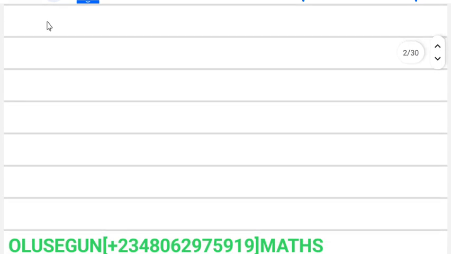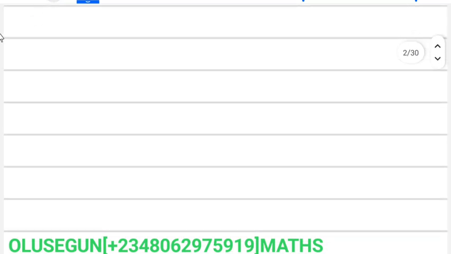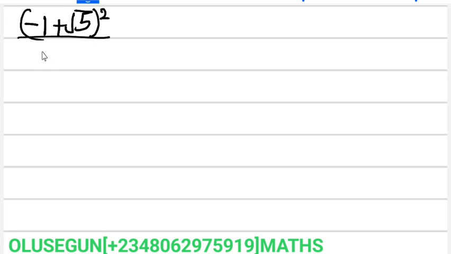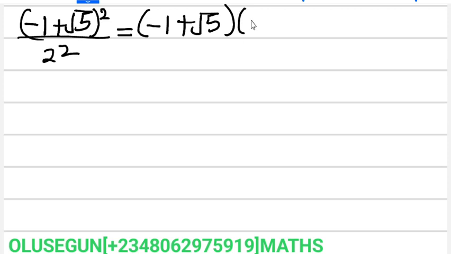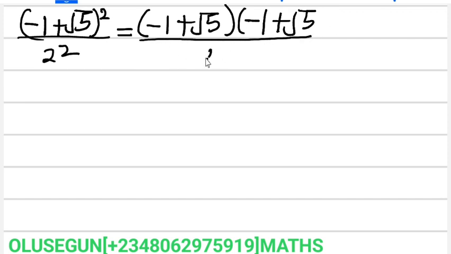We now have minus 1 plus root 5, squared, over 2 squared, which will give us minus 1 plus root 5 times minus 1 plus root 5, divided by 4.